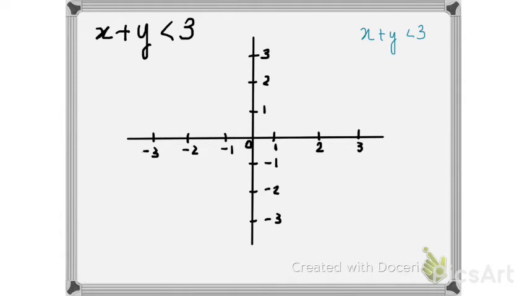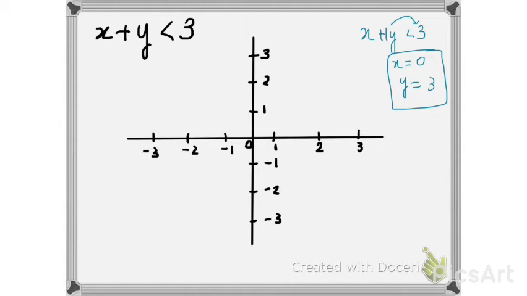So first we need to just consider that x is equal to 0. Now if x is equal to 0, we need to find y. So y has just a value of 1. So y will be 3 divided by 1, which is 3 itself. And then this is one coordinate which we get.